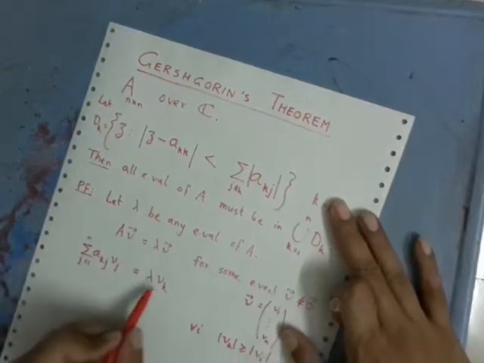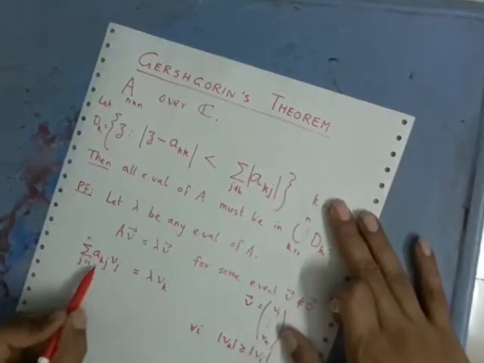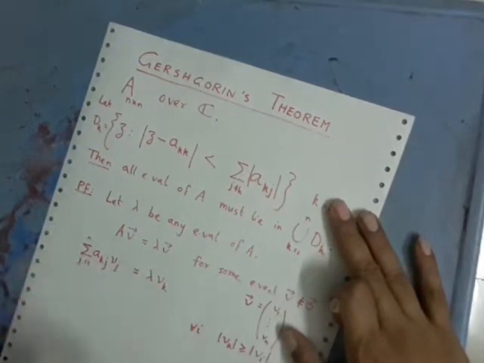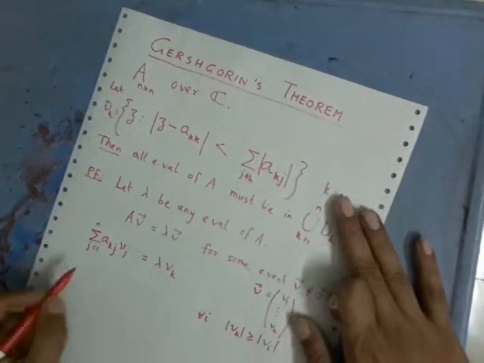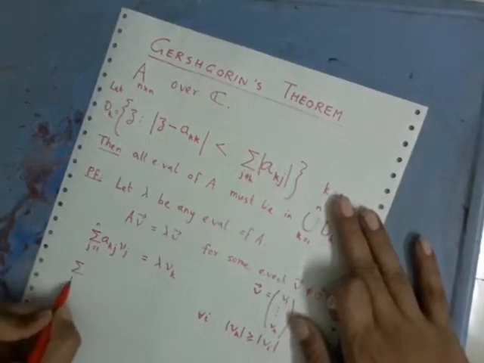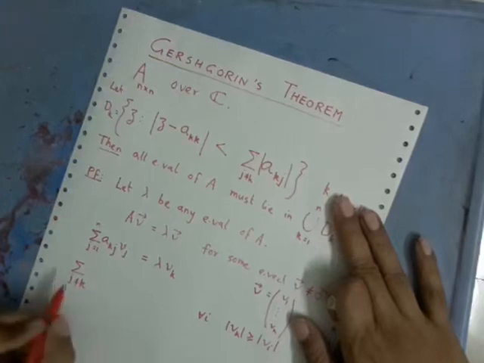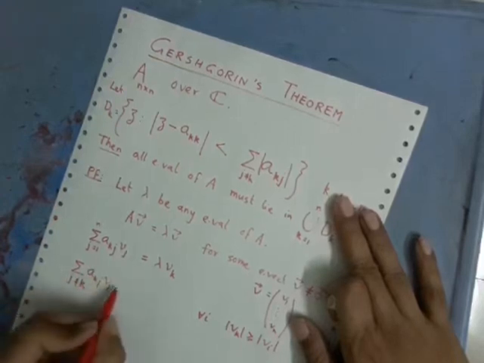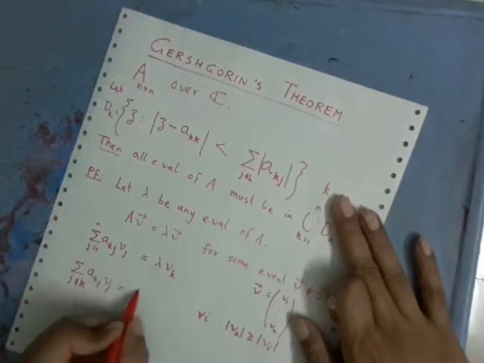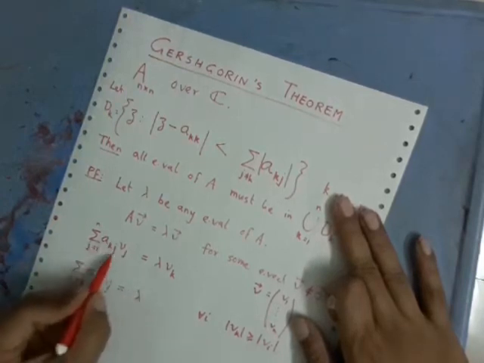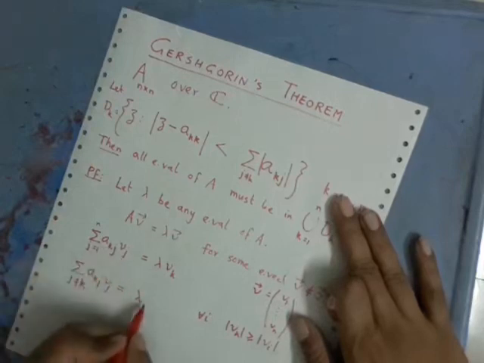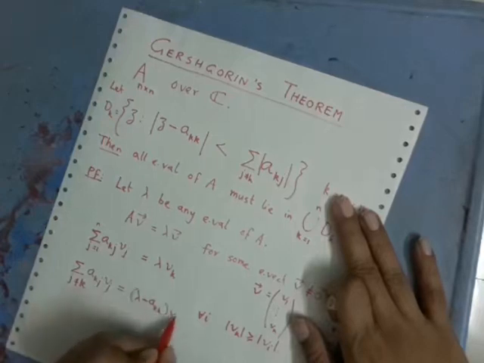So I have Vk here, I have part of the Vk here also. I want all my Vks on one side. So what I will do is I will keep everything other than the kth term here, A_kj Vj, and bring that thing here, lambda Vk, and the coefficient of Vk will be here A_kk. So (lambda minus A_kk) Vk.